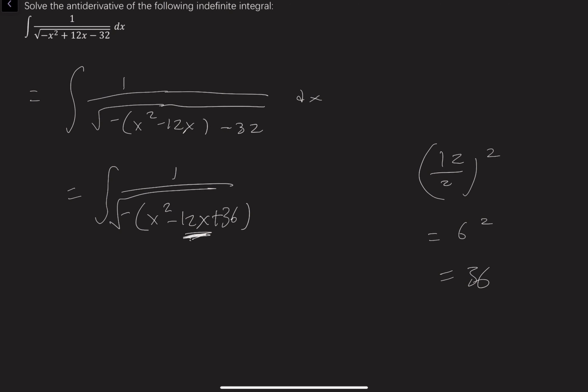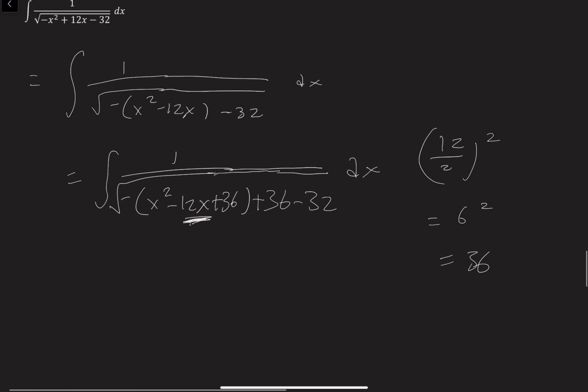And to make it equal, we have to multiply by the coefficient of the minus this value. The minus 36 times minus 1 equal to 36. So what we can do is we plus 36. And don't forget our minus 32. And dx. These two are completely equal.